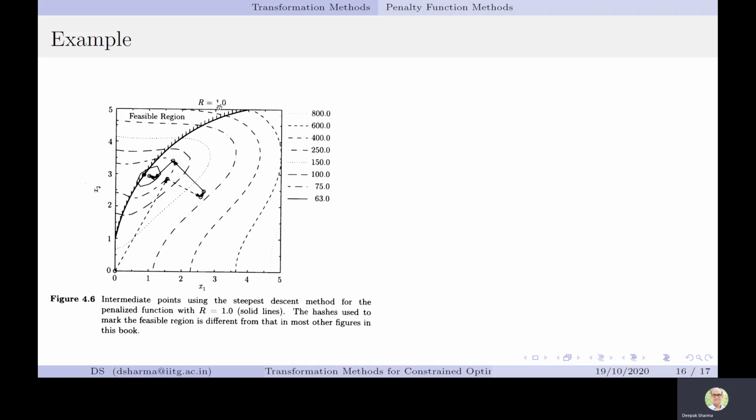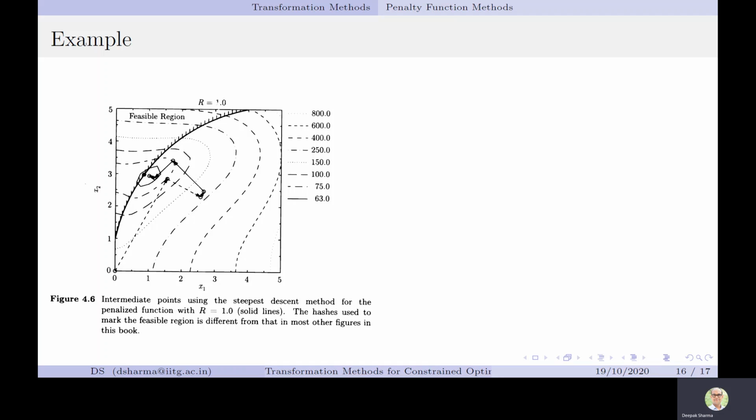As soon as you have increased the value of r, the contour of the penalized function changes, and it says that we have to start from the previous point. So this dashed arrow shows sequence number 1. Now we are starting from this particular point, and then in the solid arrows, we are taking the point closer to the optimum.